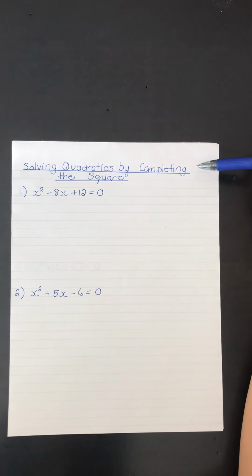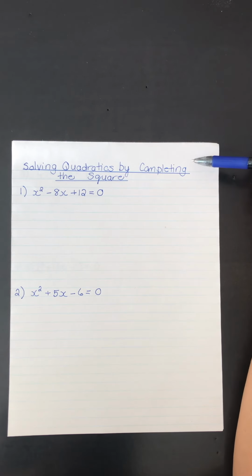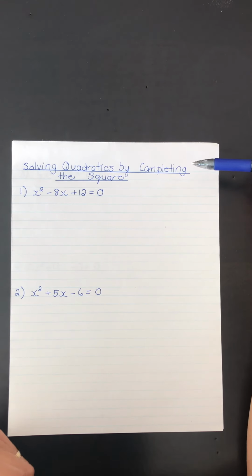Completion of the square is just another method that will give you the same results if in fact the original quadratic was factorable. I should start by saying that this would be no one's first choice of methods. It's actually the most difficult of the methods to use, but it is important and sometimes its use is unavoidable.